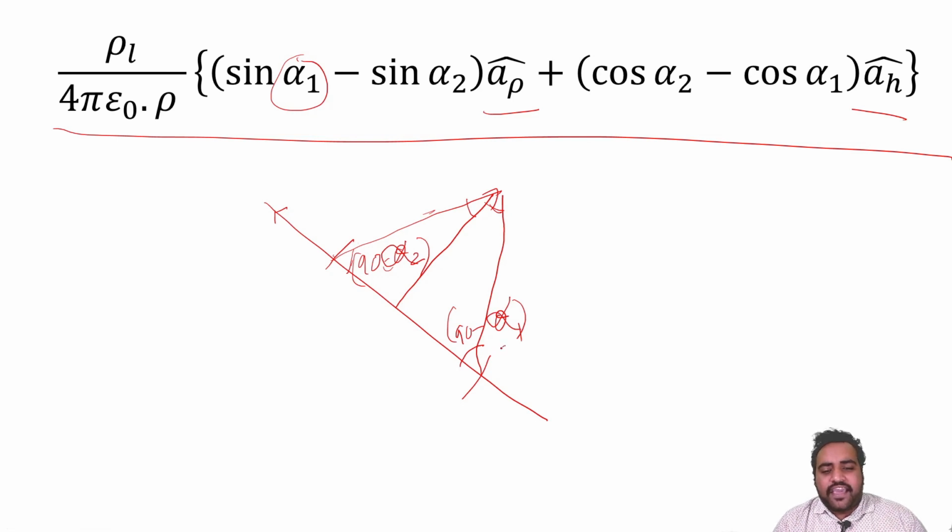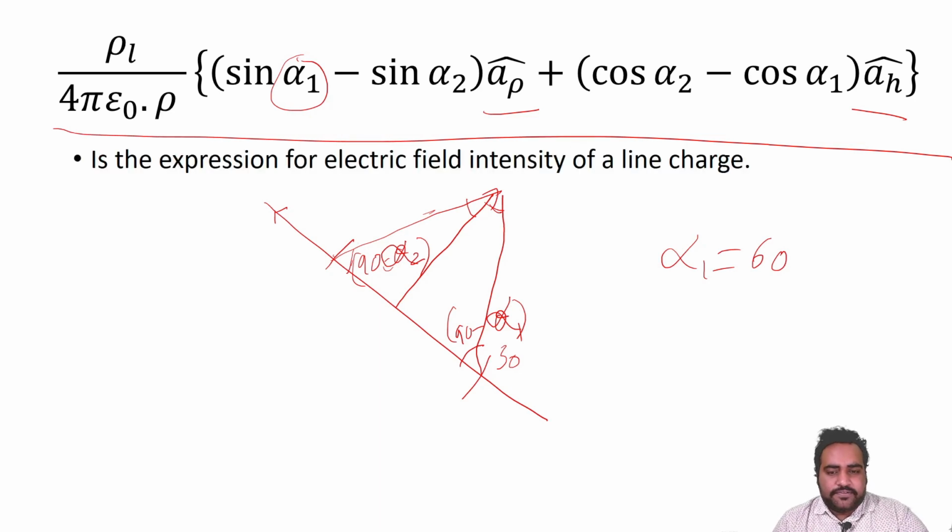For example, if this angle measures 30, that means your alpha 1 would be 60. I hope by this you'll understand what I mean by coordinate geometry. Coordinate geometry is not written in stone. It would be molded to our requirements.